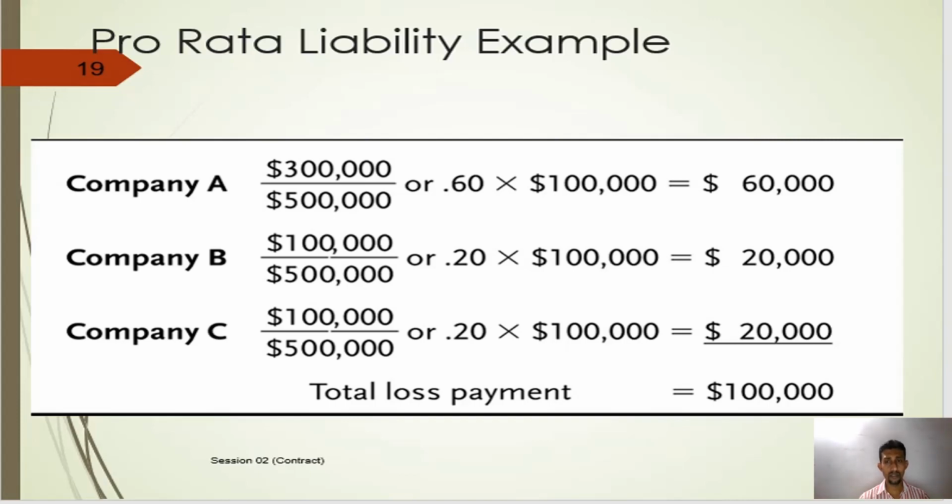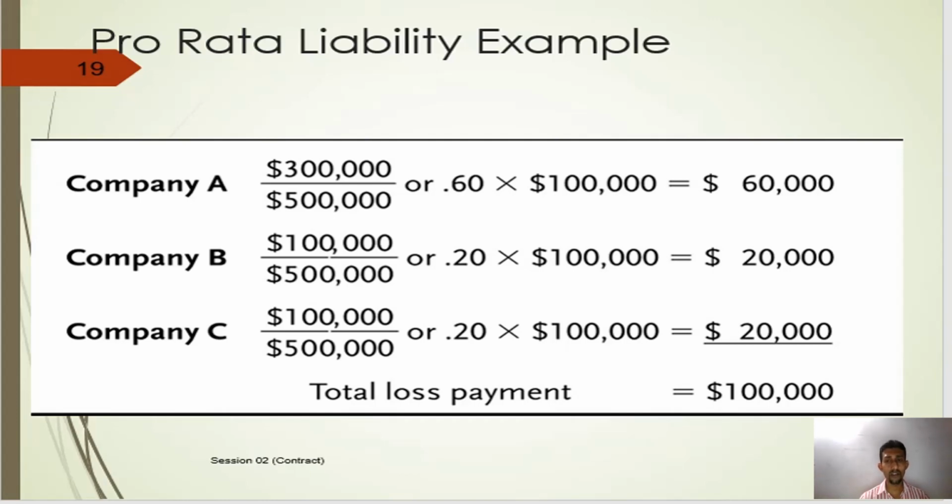Even though a 100,000 loss occurred, sometimes you might think, okay, if you insured with 3 companies, we should be able to get 100,000 from each company. But if we get 100,000 from each company, we are going to receive $300,000 in total.